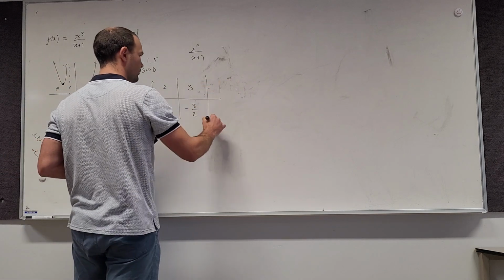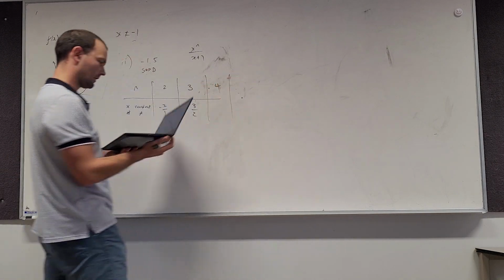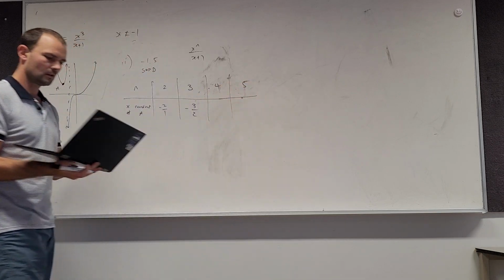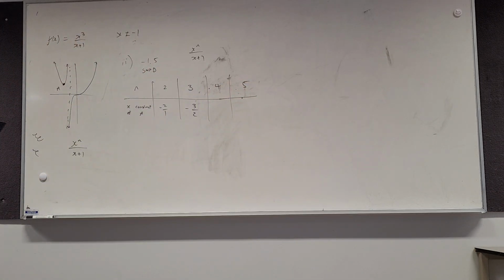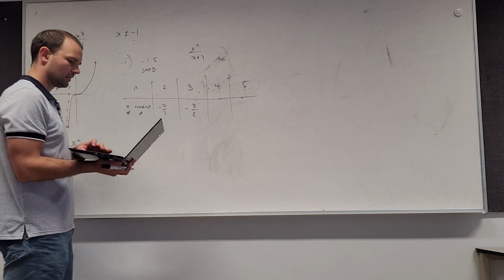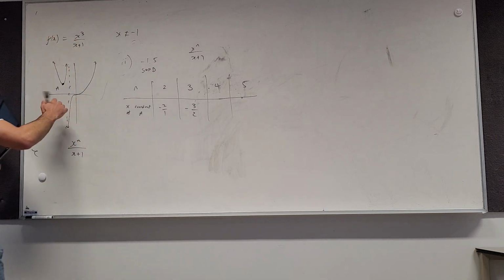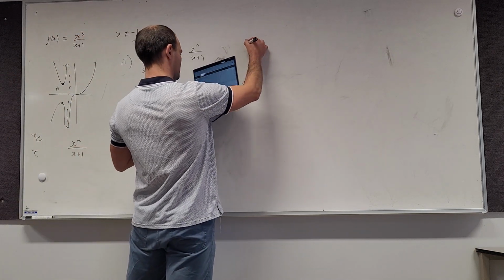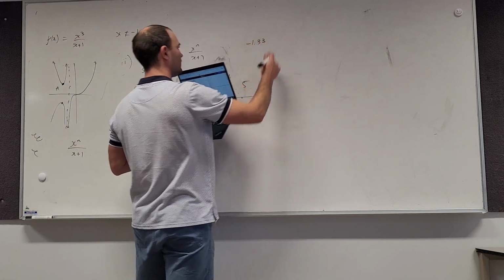And maybe you can already start to see a pattern, but let's check for n is 4 and n is 5. So you put it in your calculator, we're going to have x to the 4 on top of x plus 1. And it becomes a local max. When I have an even number, it's down here, it's a local max. And the x value I've got is minus 1.33.